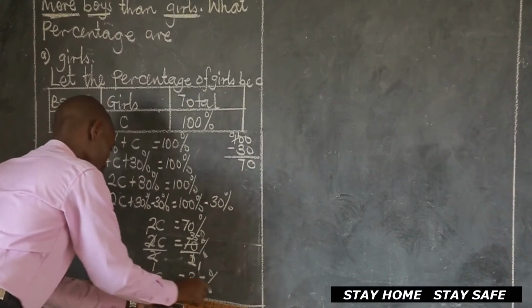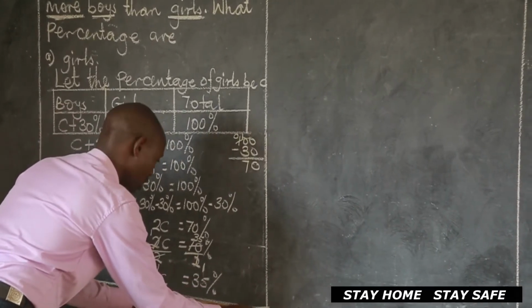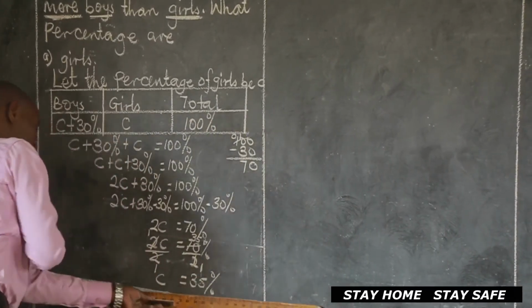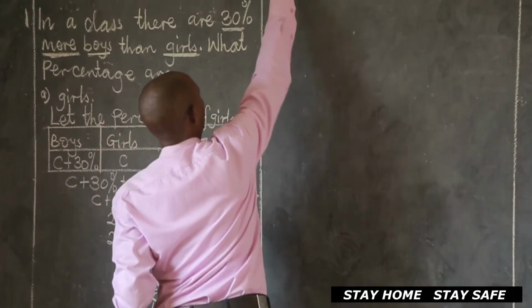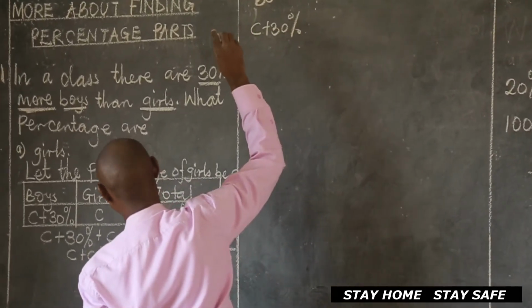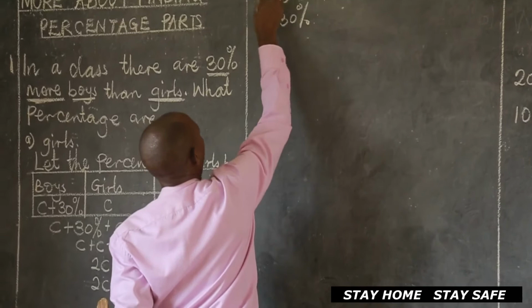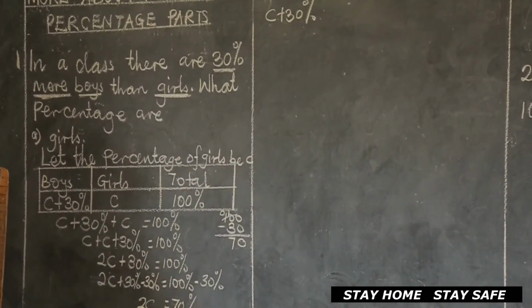After getting that, someone may ask you to find the percentage of boys. We have said boys are given by C plus 30.